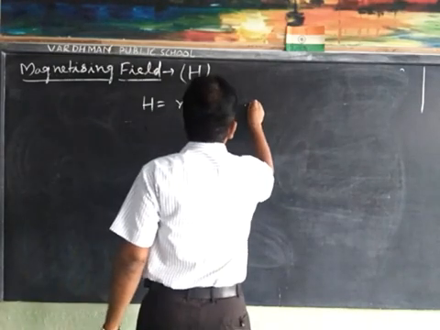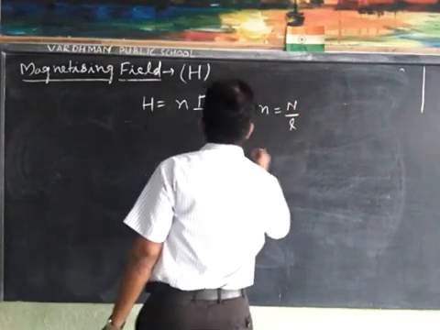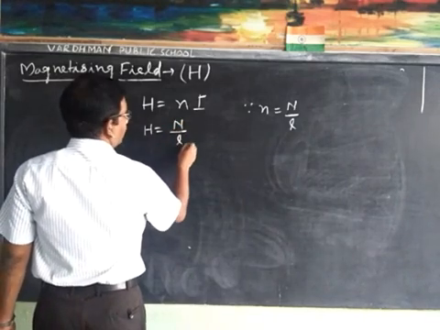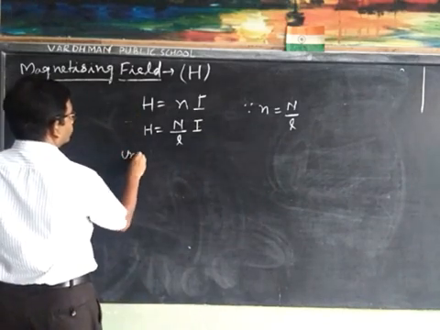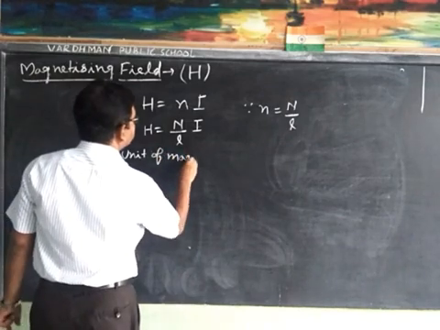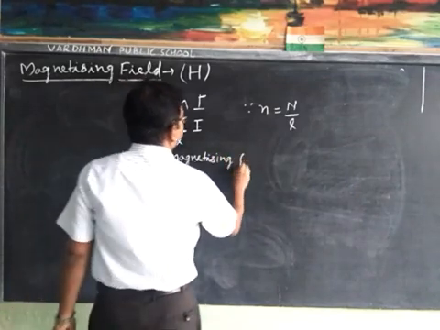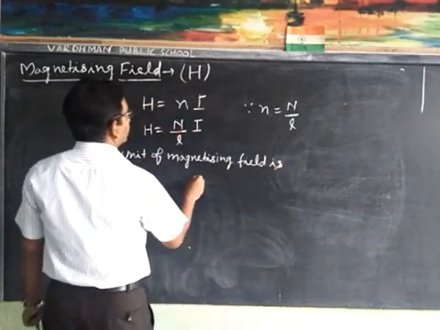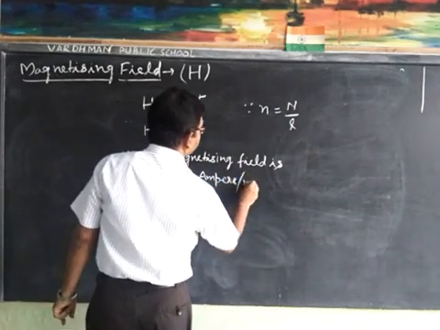Since small n is the number of turns per unit length, H is equal to capital N upon L into I. The unit of magnetizing field is ampere per meter.